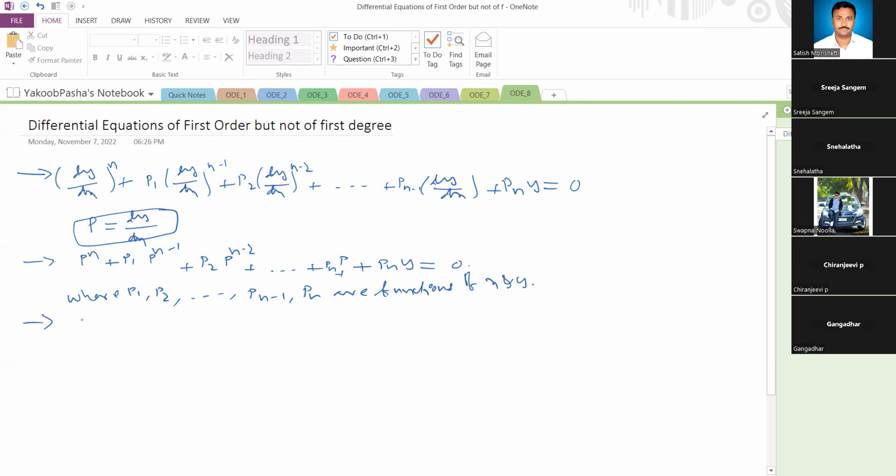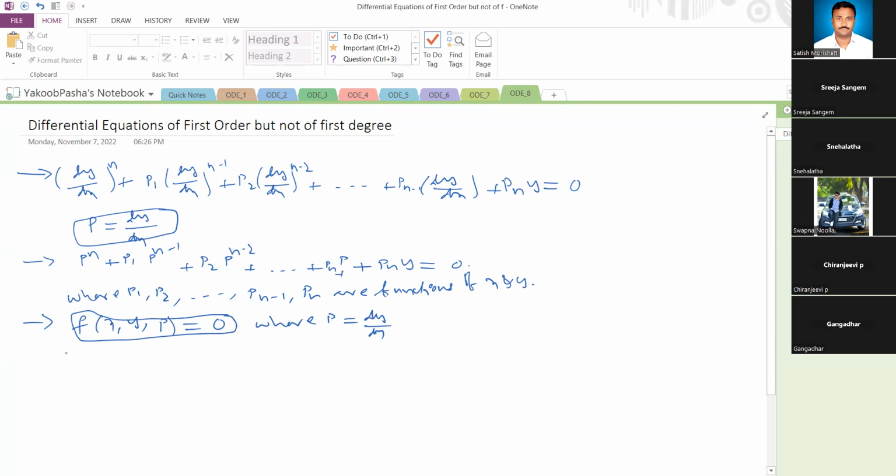It is a function of x, y and dy by dx, and we are taking dy by dx as p, so it is a function of x, y and p where p is equal to dy by dx. This is the differential equation of first order but not first degree.